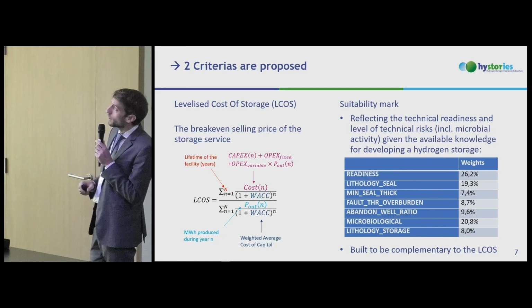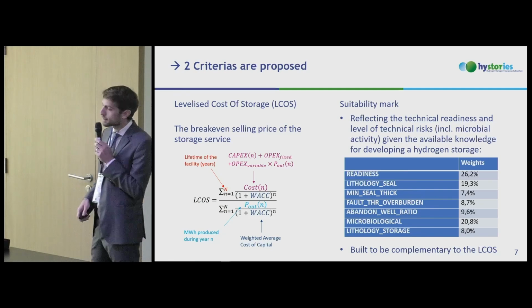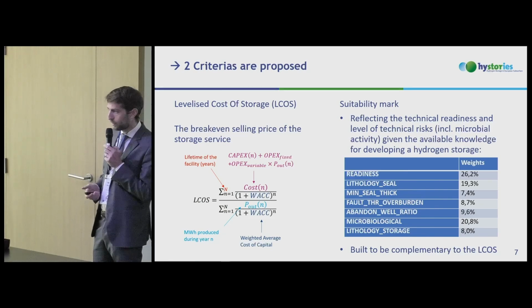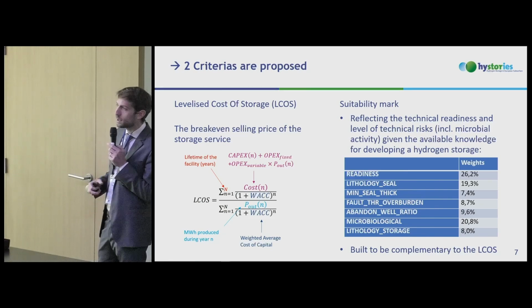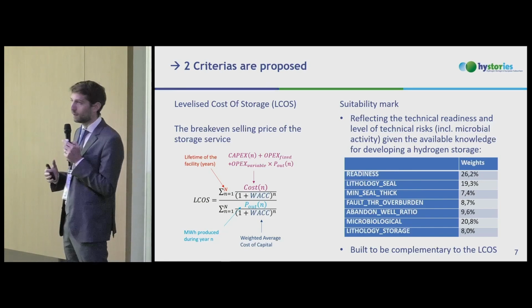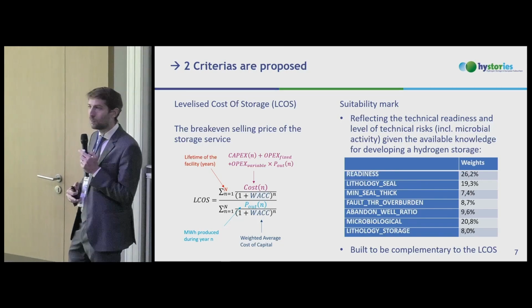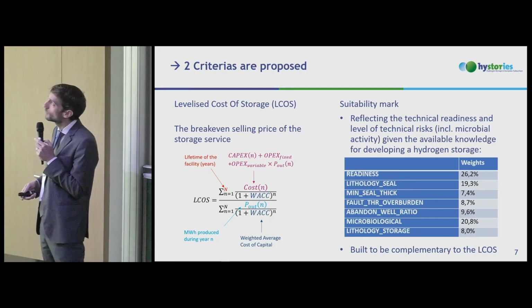And the other indicator we built is a suitability mark. It reflects the technical readiness of this underground storage technology given the knowledge we have. So if it's low, it's not necessarily that it is not suitable. It is that, with the knowledge we have, it's not that suitable.